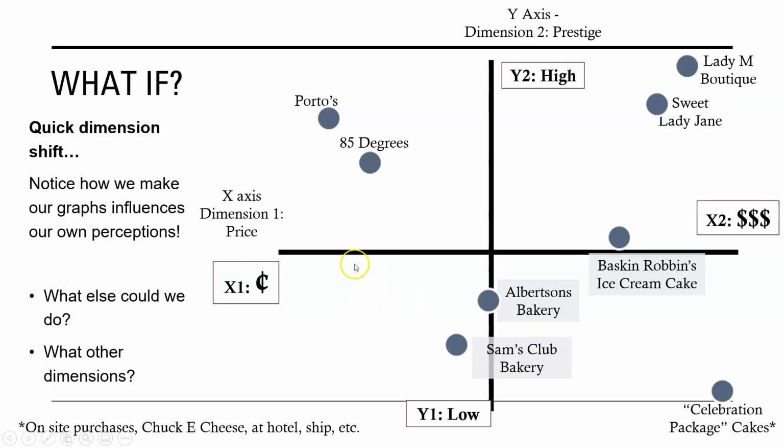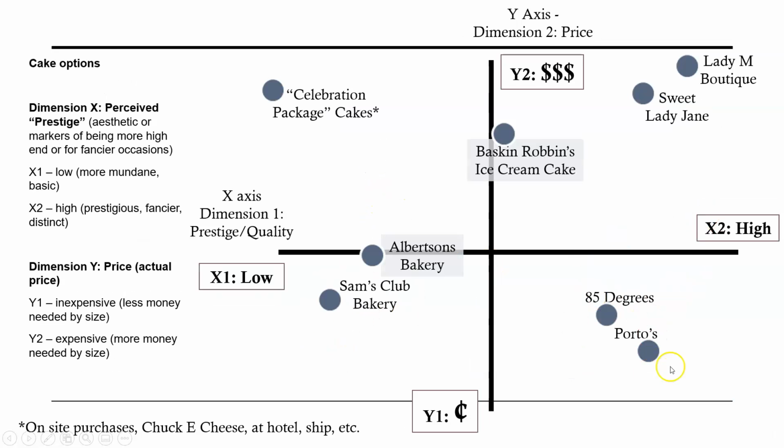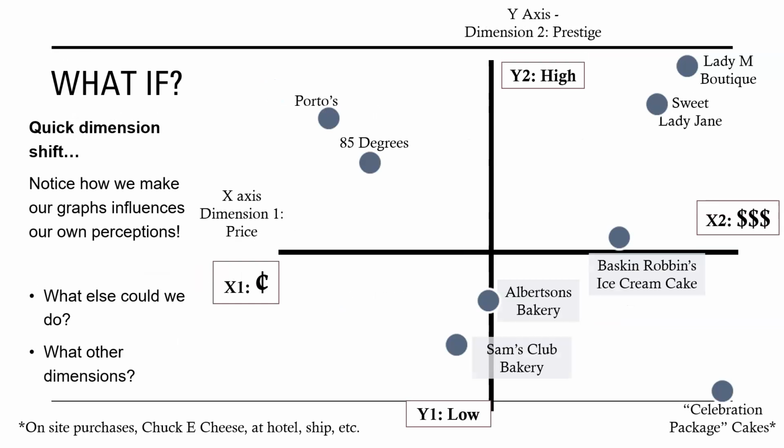Before, Portos and 85 Degrees were down here, and that could make us unconsciously perceive them in a lesser spot in our analysis. But instead, really, they hit the sweet spot for a lot of people because they're both inexpensive but pretty decent prestige.